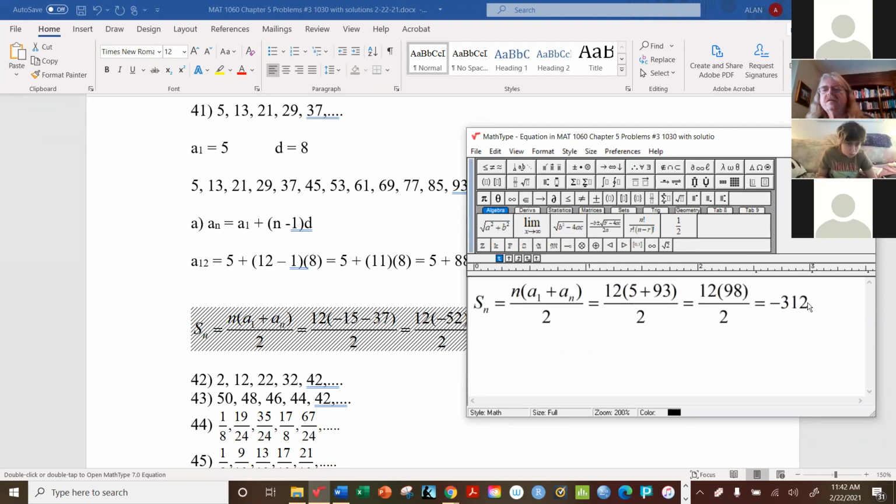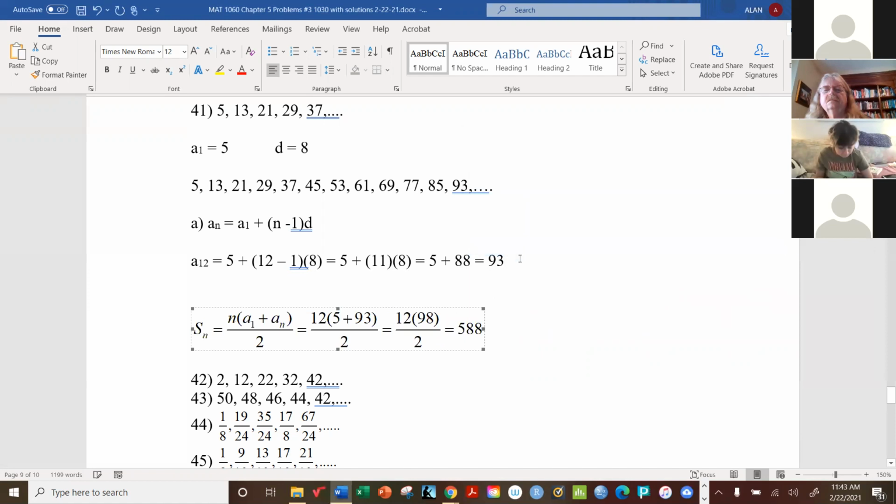Twelve times 98 over 2 is 588. Okay. So yeah, like I said, there's only two things this time. The 12th term, and then the sum of the first 12.